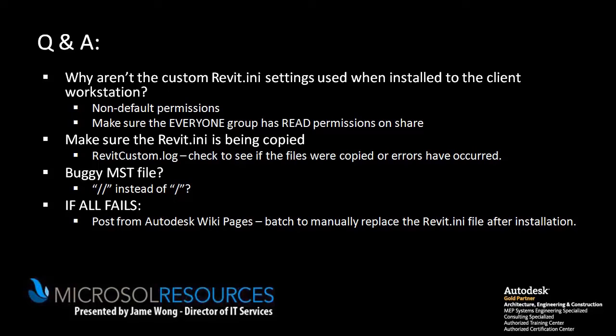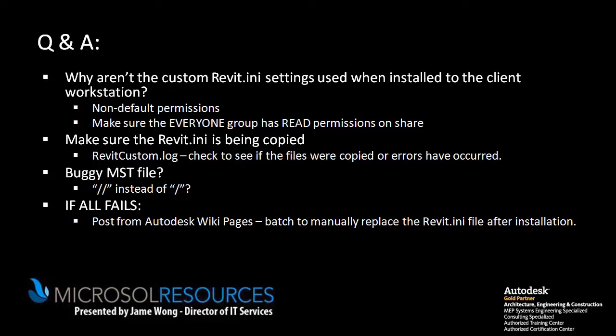To ensure that the Revit.ini file is copied from the deployment image to the client workstation, check the Revit custom.log. The log file will actually tell you if the installation included a copy of the Revit.ini file. I've seen some postings about the MST file having double slashes instead of one, causing the directory to become invalid. I haven't seen the problem myself, and the deployment actually pushes via GPO without any failures.